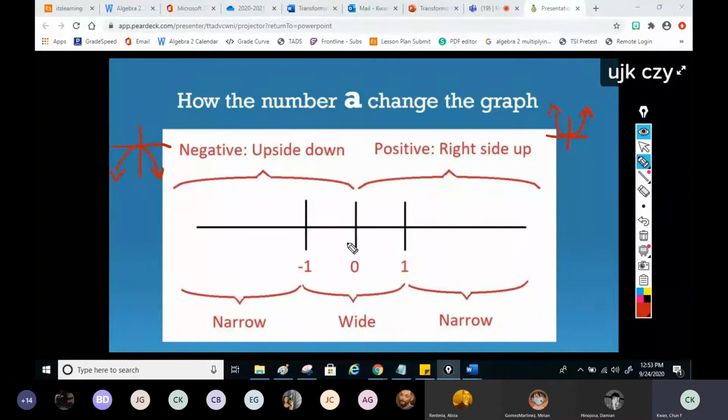And if A is greater than 1, the graph is going to be narrow. The greater the number, the more narrow it will become. And the same for this side right here: the further away from 0 it is, the more narrow it becomes.